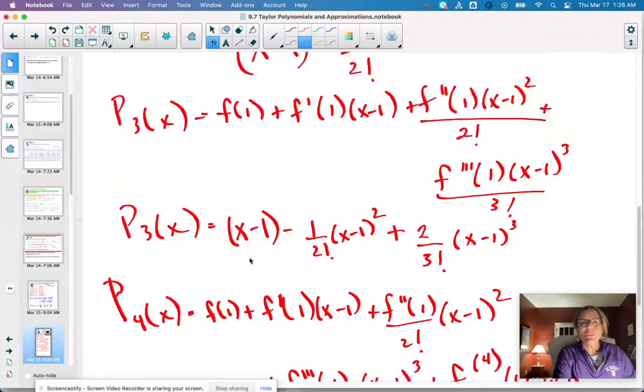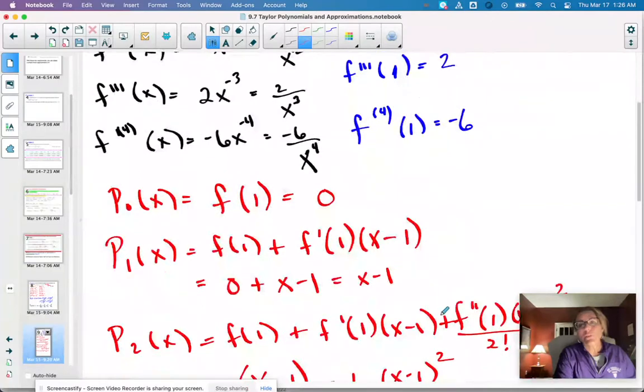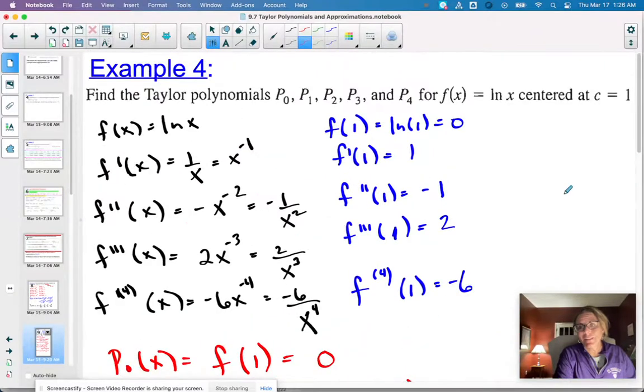As we do more examples, we're not going to ask you to find all of these different polynomials of different degrees. We would just say, find the polynomial of degree 4. I wanted to do this to show you that there's a pattern as you go from one polynomial to the next. And again, the polynomial and the function are exactly the same at c equals 1.